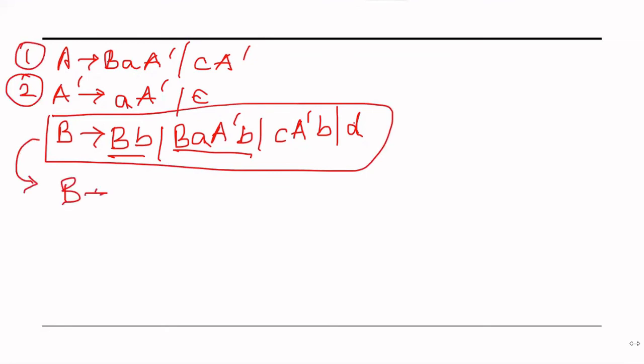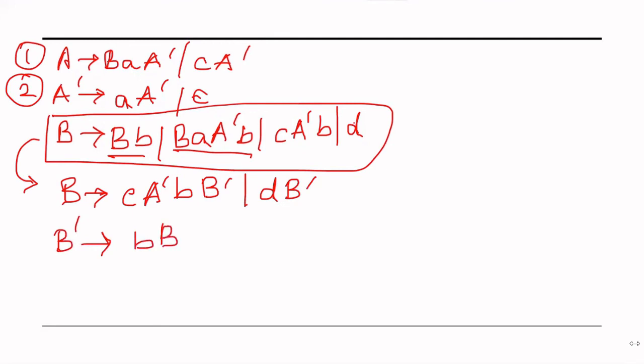B derives C A dash B B dash and D B dash, and B dash derives B B dash, A A dash B B dash, or epsilon.